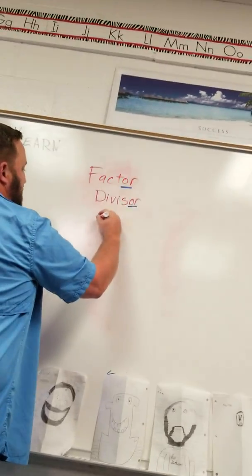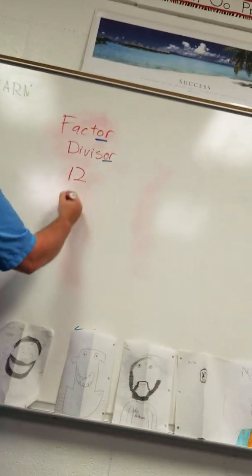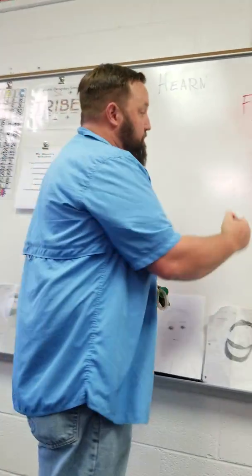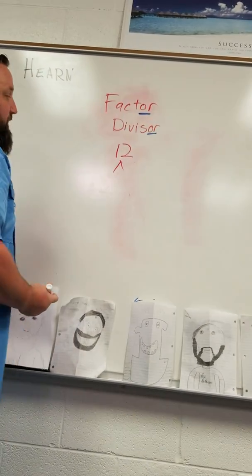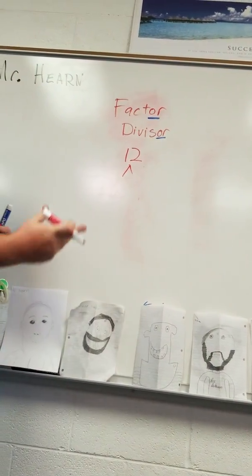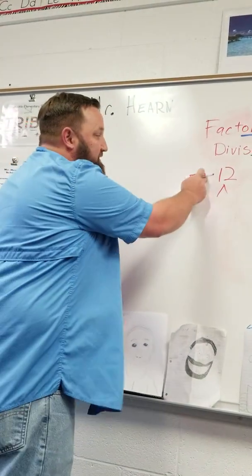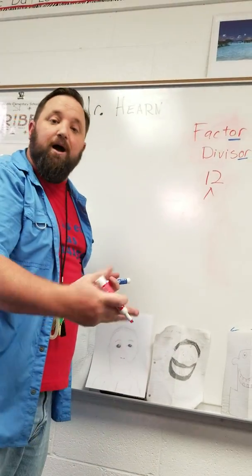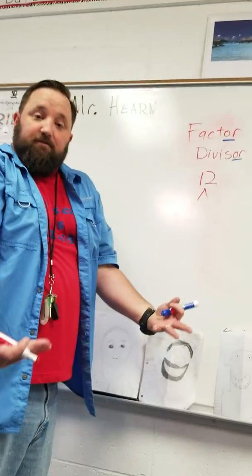So the number 12, and you guys may remember your factor tree from last year. As I factor out, I'm trying to think of those numbers, what numbers can I multiply by each other to give me 12? There's 1 and 12, 2 and 6, and 3 and 4.